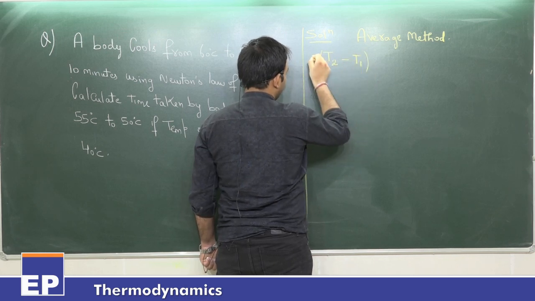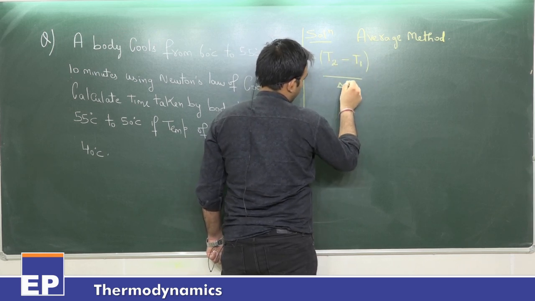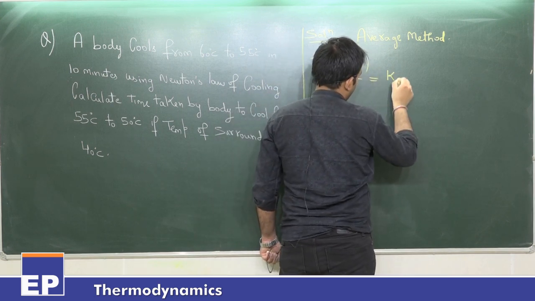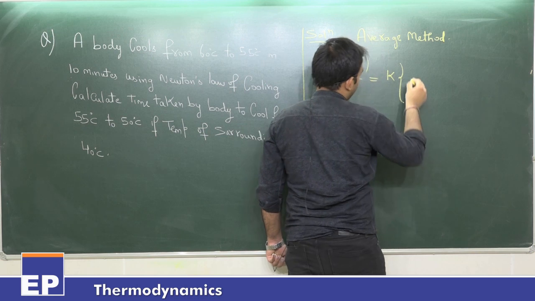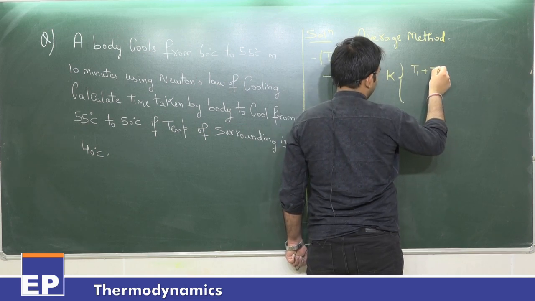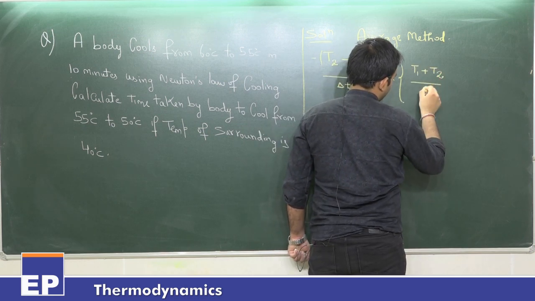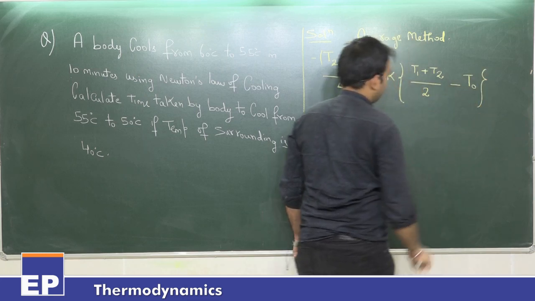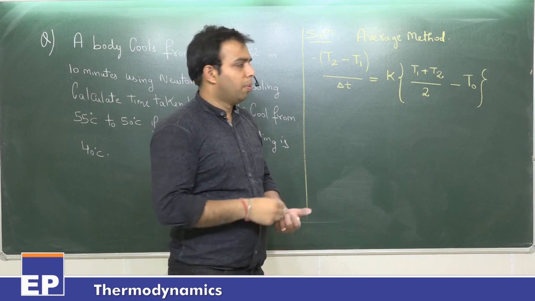का negative change in temperature by time taken is K times average. T minus T naught होता है, but T को हम लिखते हैं T1 plus T2 by 2 minus T naught. We will mention like this.